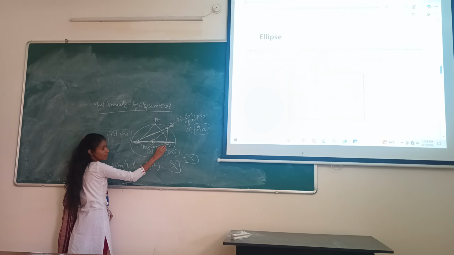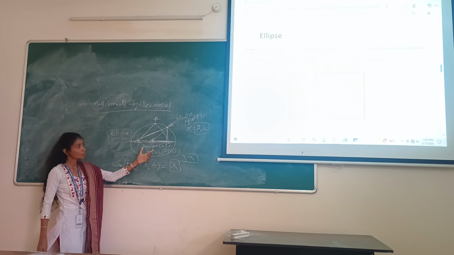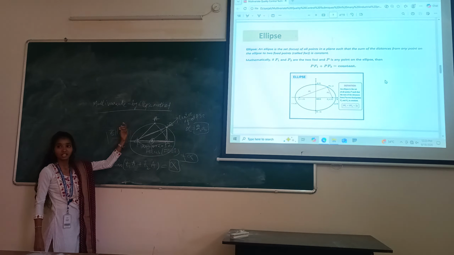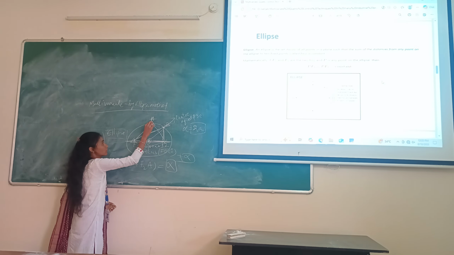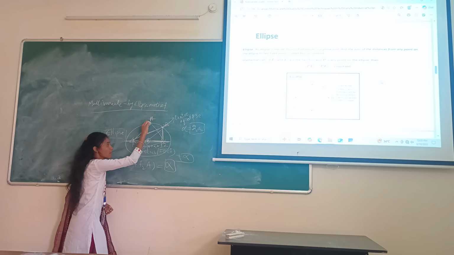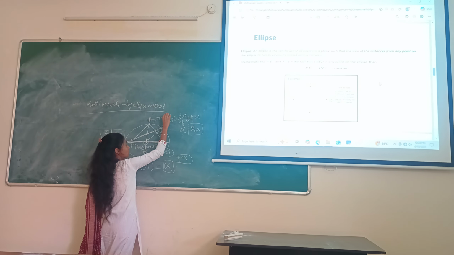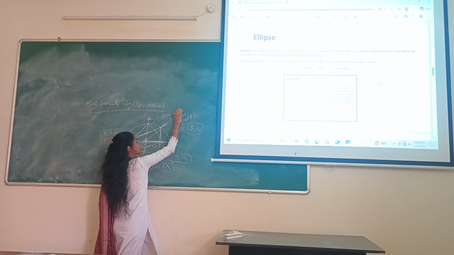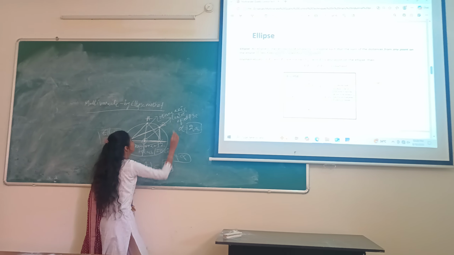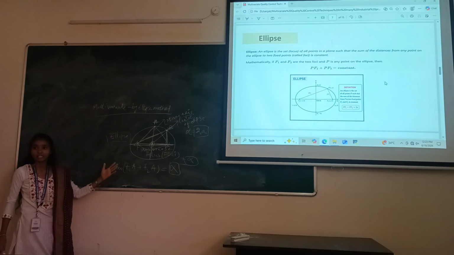Major axis or principal axis. Please try to remember these terms so that we can easily understand that one. And if I draw a vertical line that is passing through the center, it is called the minor axis. And this is what the ellipse is about.